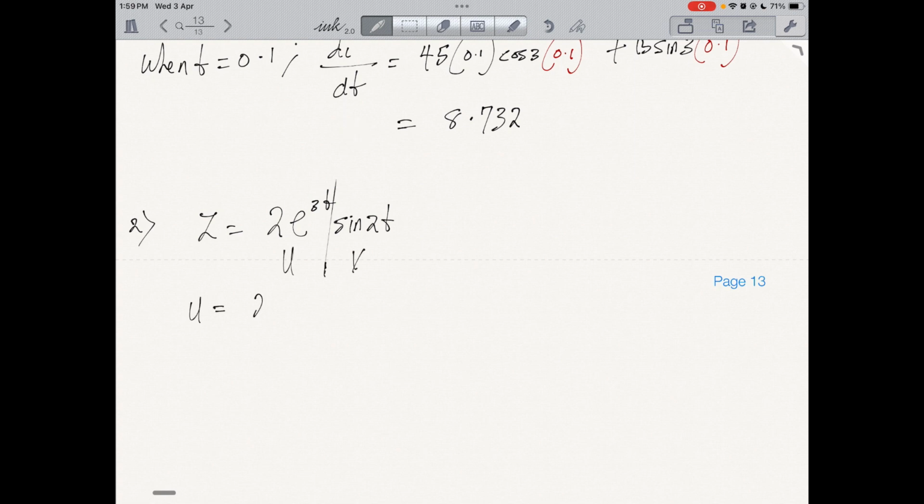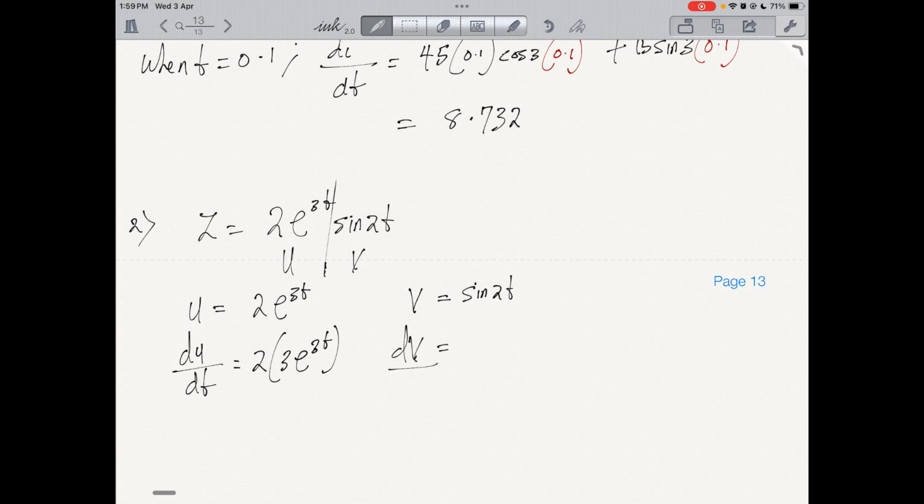So our u is 2 exponential 3t and our v is sine 2t. Therefore, our du/dt, according to differentiating exponential, is 2 multiplied by 3 exponential 3t, which gives us 6 exponential 3t. And our dv/dt will give us 2 cos 2t.